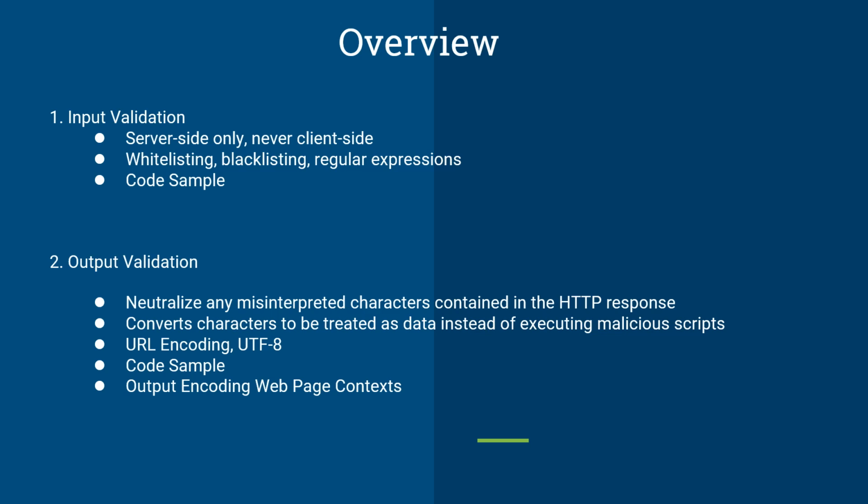Now, why is this advantageous? Because that forces the character to be treated as data instead of the web server or the web browser actually executing malicious scripts unintentionally. Generally speaking, URL encoding is used for output encoding and it usually conforms to UTF-8, and I will explain why in just a moment.